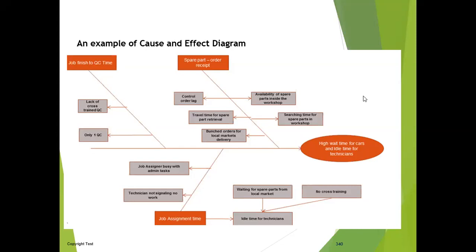Okay. So this is a cause and effect diagram or fishbone analysis that I was talking about earlier. The central axis determines our Y, or the metric that we are trying to improve. In this case, high wait time for cars and idle time for technicians is the Y we are trying to address.